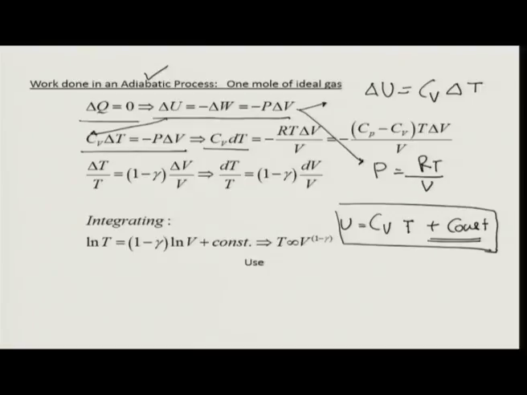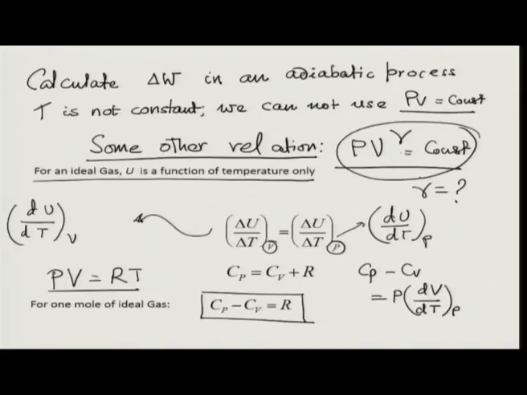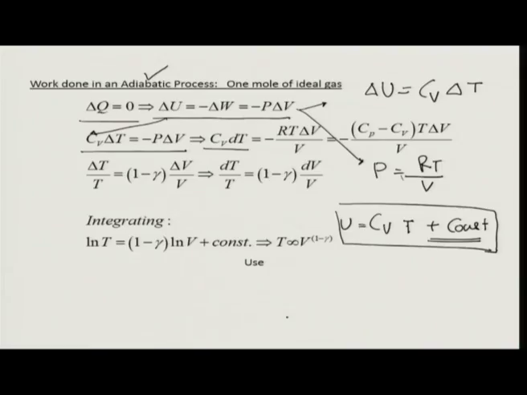I have Cv dT, with P dV substituted by RT over V, and in the previous slide we have already proved that Cp minus Cv is equal to R. So, you get an expression like this.